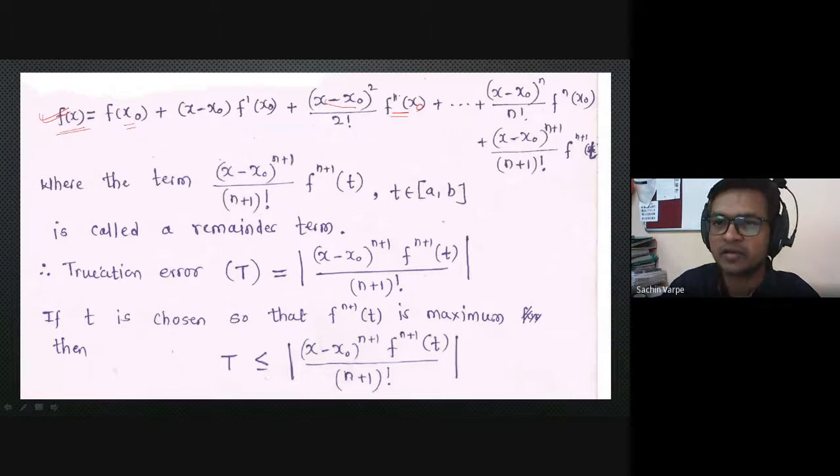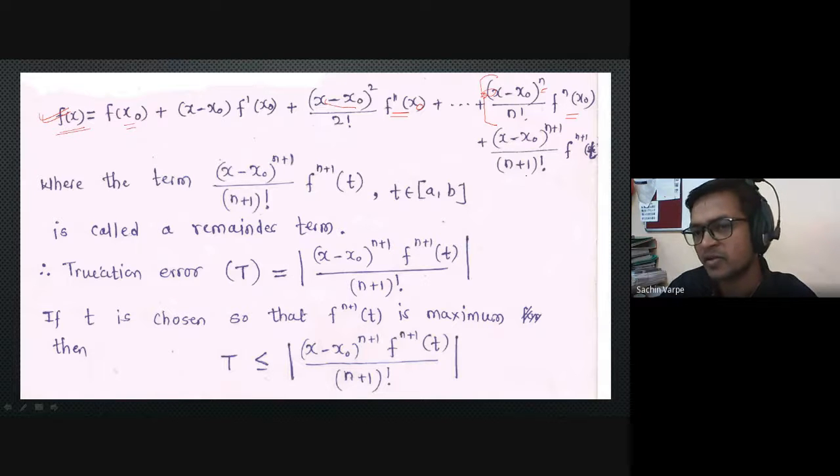Where the nth term is (x minus x0) raised to n upon n factorial, the nth derivative of f at x0, plus and so on, (x minus x0) raised to n plus 1 upon (n plus 1) factorial, the (n plus 1)th derivative. So this last term is called the remainder term.